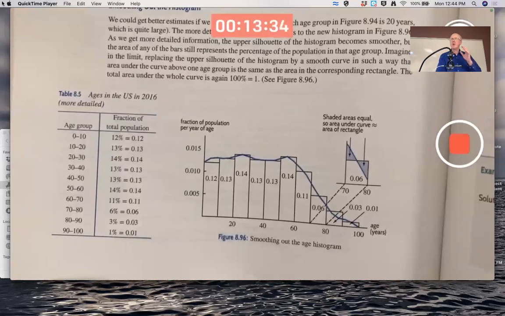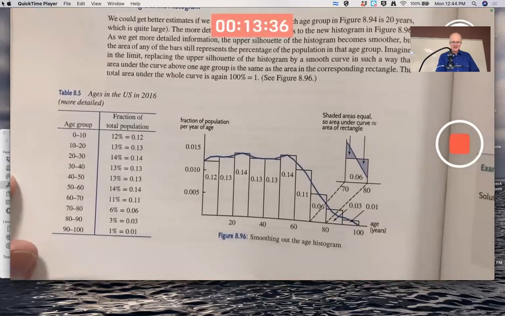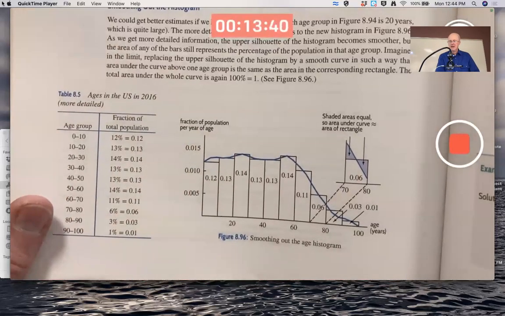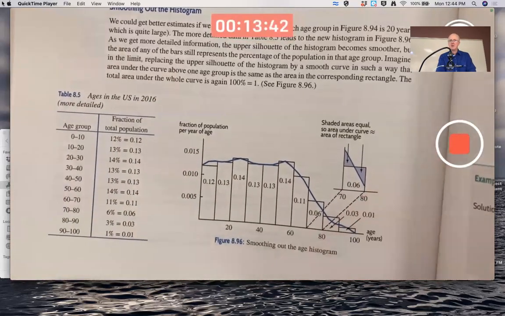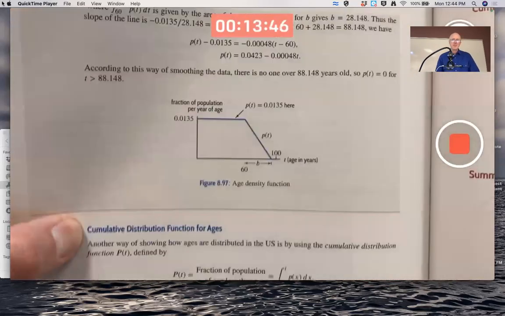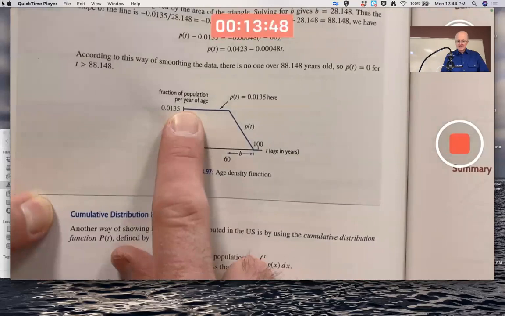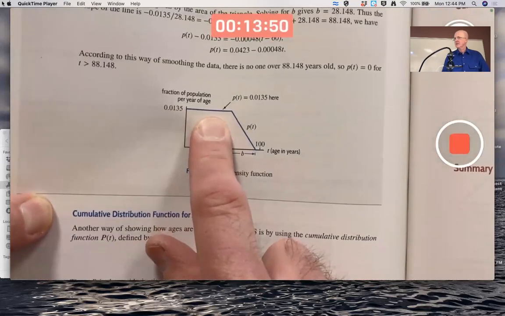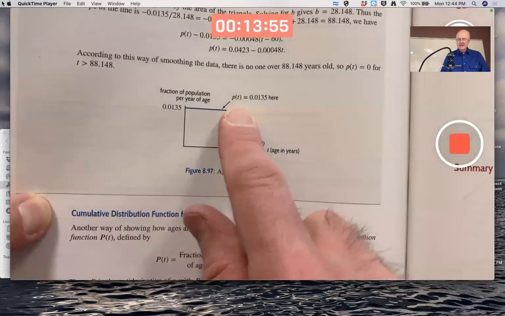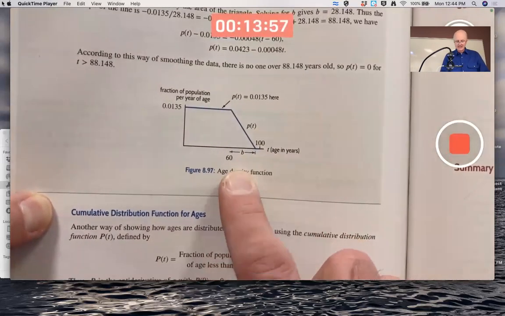Better, though less accurate, is to come up with what you might call a rough model for this histogram. And the model the book chooses, which I will now talk about, is this one. Assume the PDF is constant between age 0 and age 60, and a linear decreasing function between age 60 and beyond.